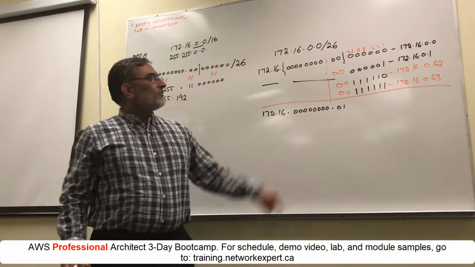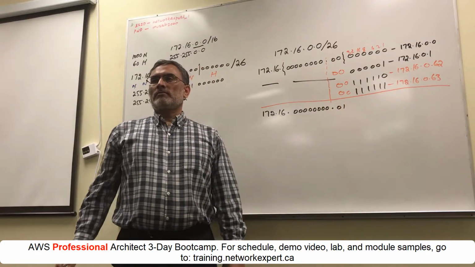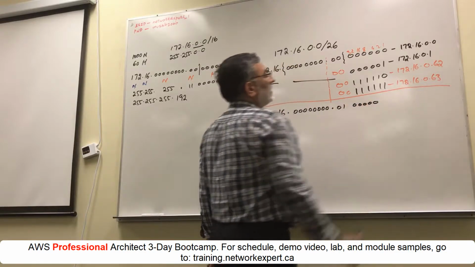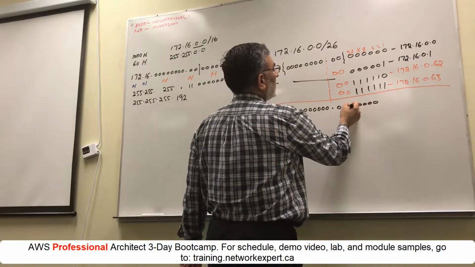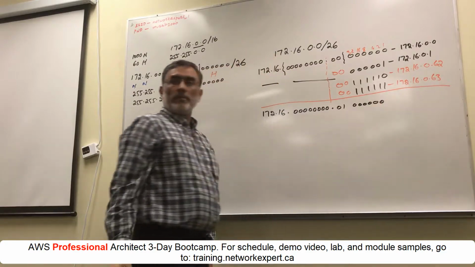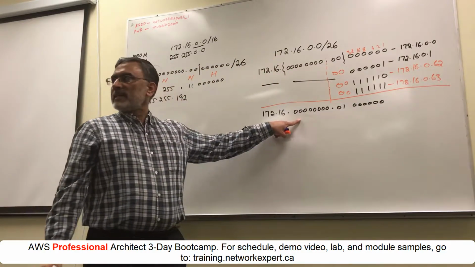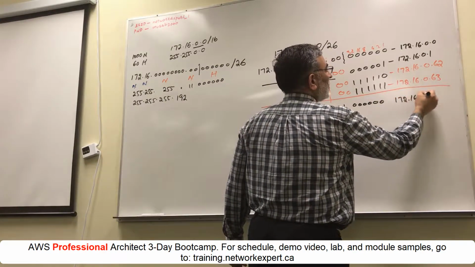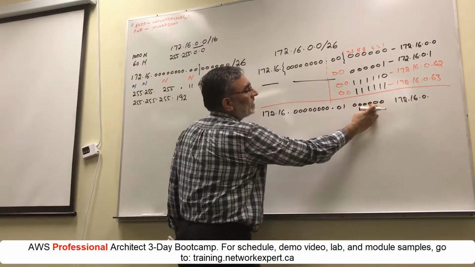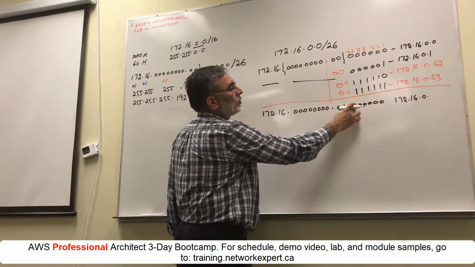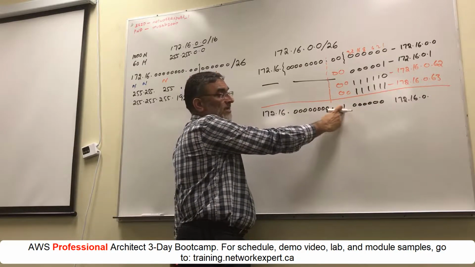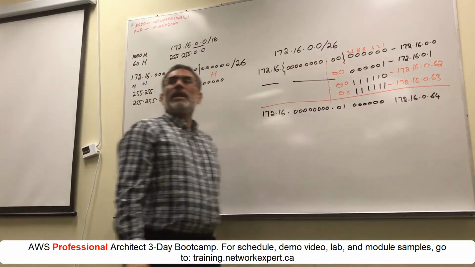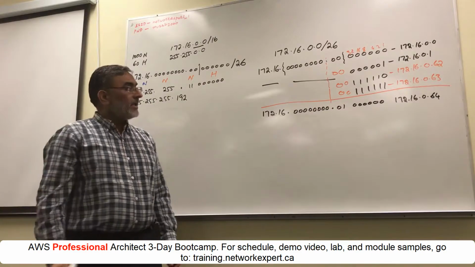I'm going to make one change: from 0, 0 I change to 0, 1. And for the network address, we put zeros in the host portion. This is my second subnet address. What is it? 172.16.0, and the weights are 1, 2, 4, 8, 16, 32, 64. So the weight for this bit is 64. So 0.64 is the next subnet address.